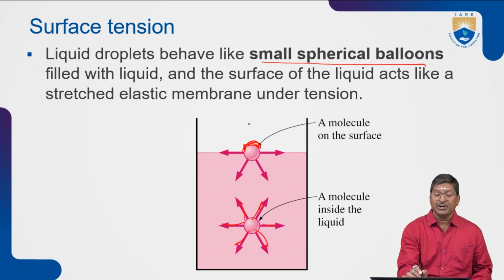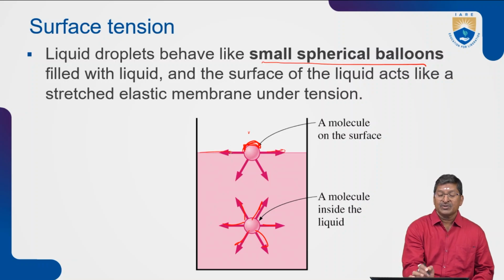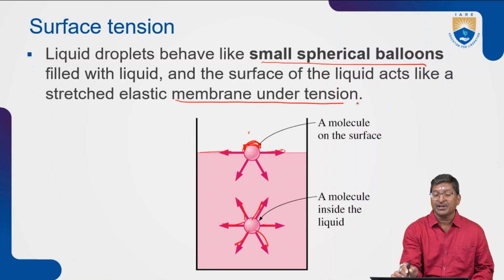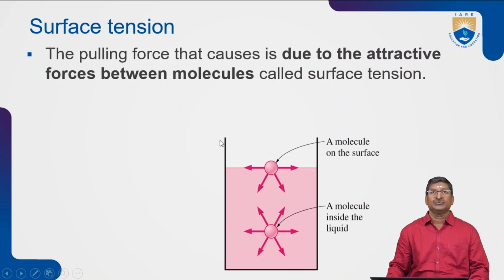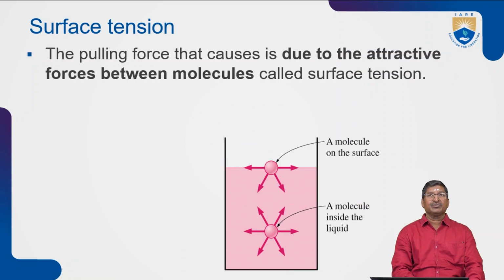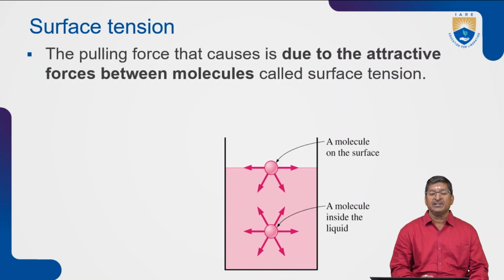Here the upward force becomes zero, so all the other molecules will be attracted. So it will have a horizontal force, that means 180 degrees, which is like a small membrane under tension. So the top surface will have some membrane tension. The pulling force that is caused by the attractive forces between the molecules is called surface tension.